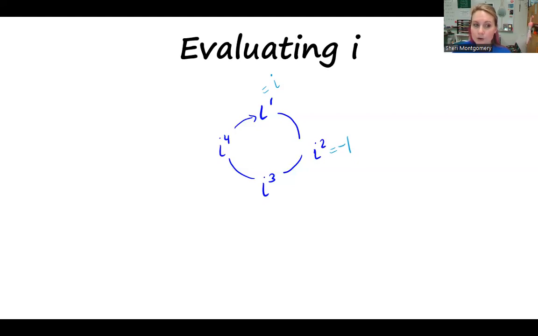I to the third power is the same thing as I to the second power times I to the first power. Do you agree? We know I to the second power is -1, and I to the first power is just I. So I to the third power is just -I.